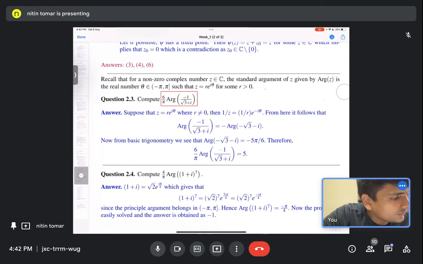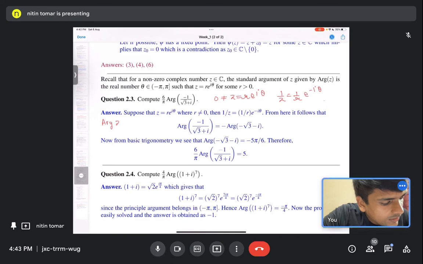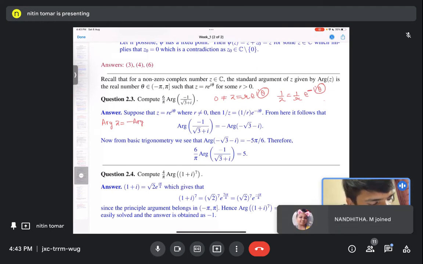What I want to say is the following. You know that if z is r e to the iota theta, and z is not equal to 0, then 1 by z is 1 by r e to the minus iota theta. So this theta becomes minus theta when we go from z to 1 by z. So argument of z is the same as minus the argument of 1 by z.